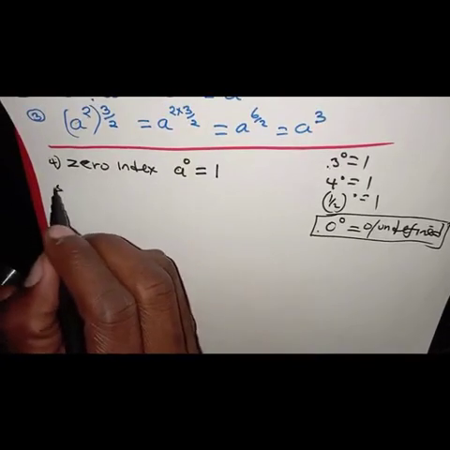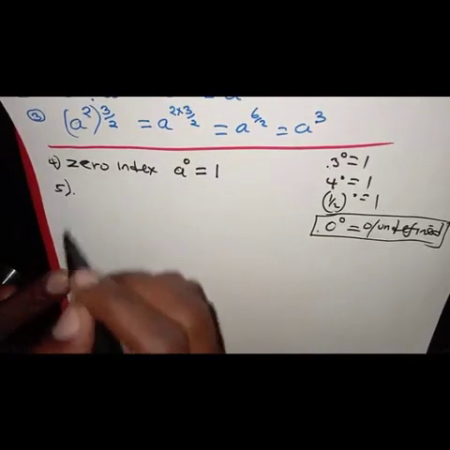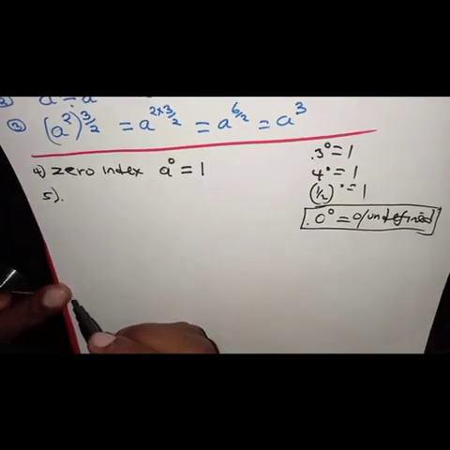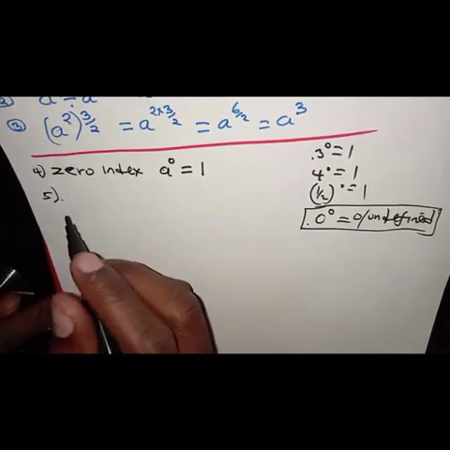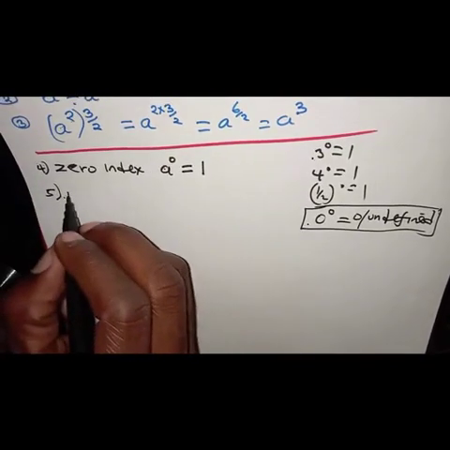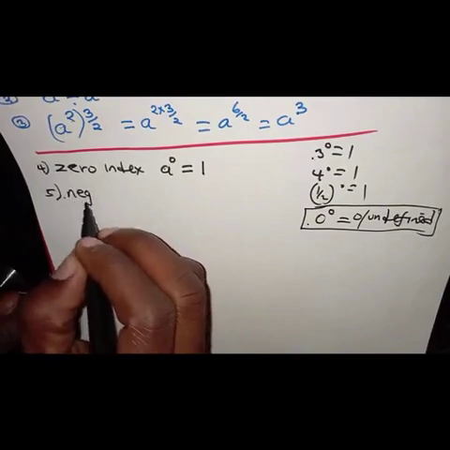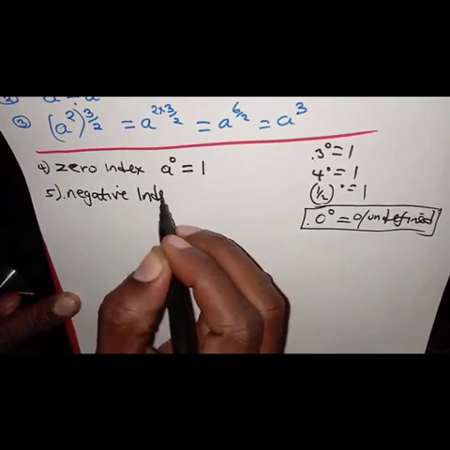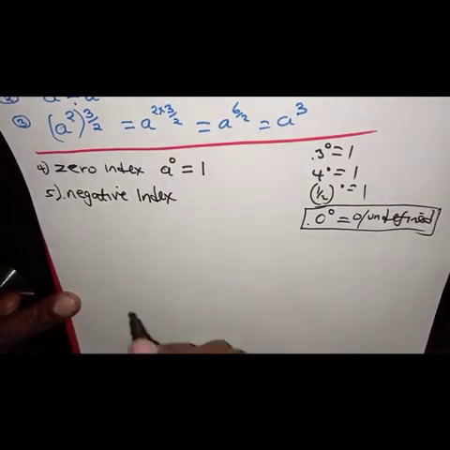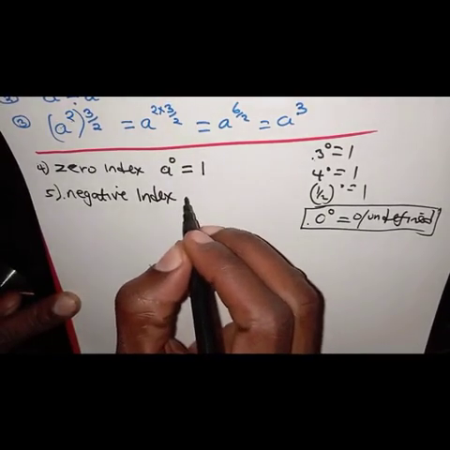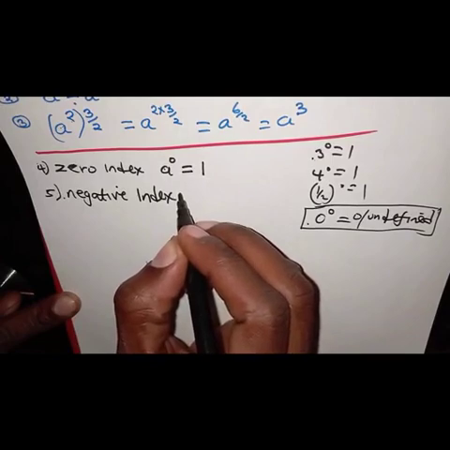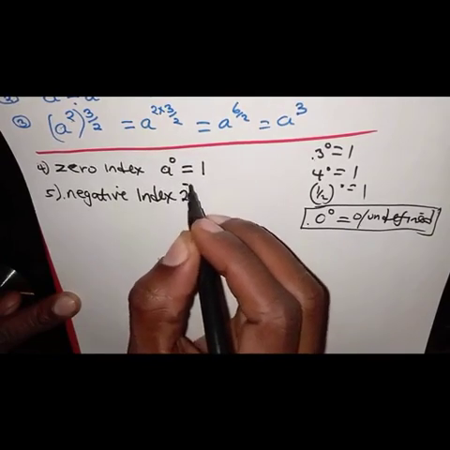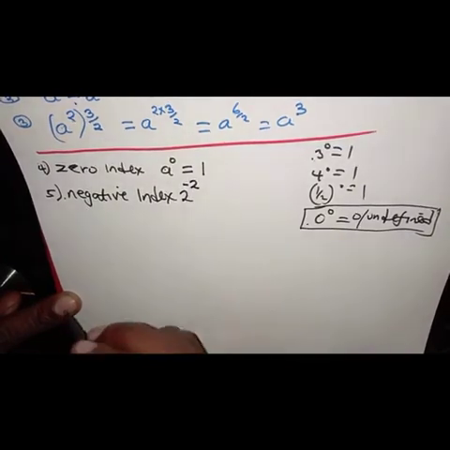Okay, so now we move on. We go to 5. This one we will look at the negative index. Negative index, in this case, we mean, let's assume we have 2 to the power negative 2.